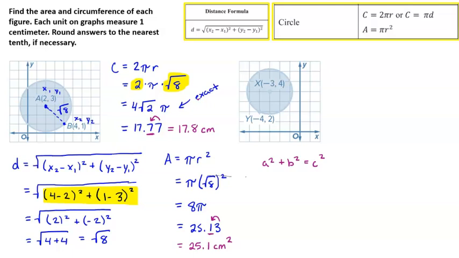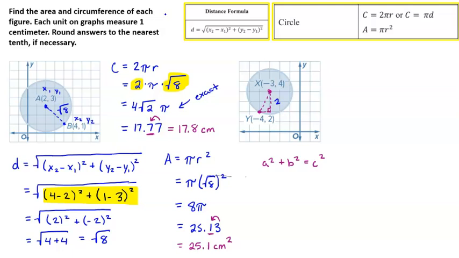And so what I'm going to do is I have my 2 points here, and I'm going to create a right triangle with those 2 points. Okay? And so I'm just going down and over to create my right triangle. This is going to become A, so that's 2.